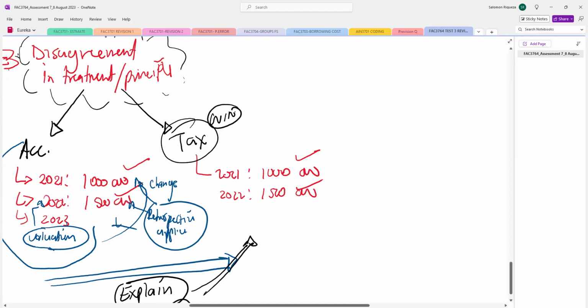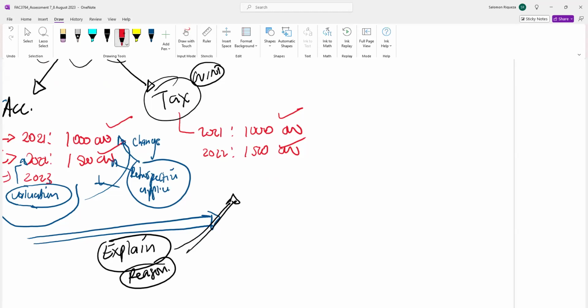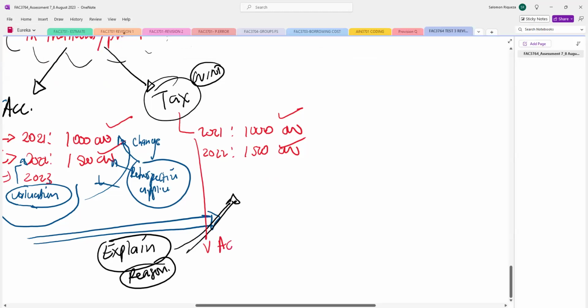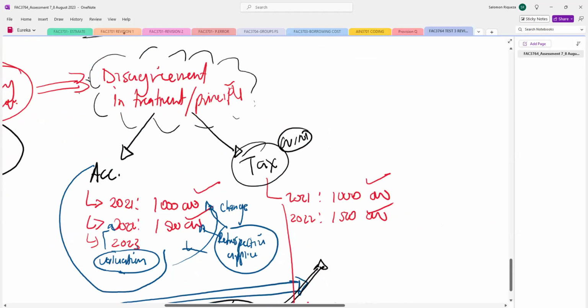Tax must win at the end of the day because we are going to pay tax. So they have to see our explanation, and either we agree. If we agree, it goes back here. There's no disagreement, no temporary difference, no deferred tax.